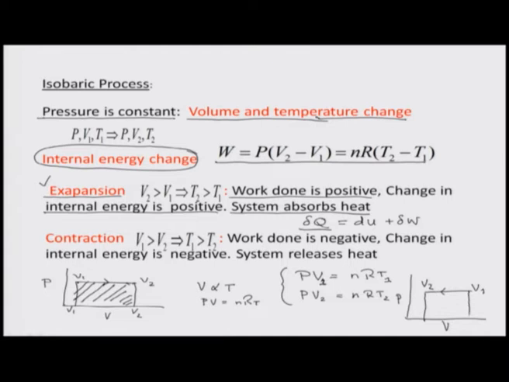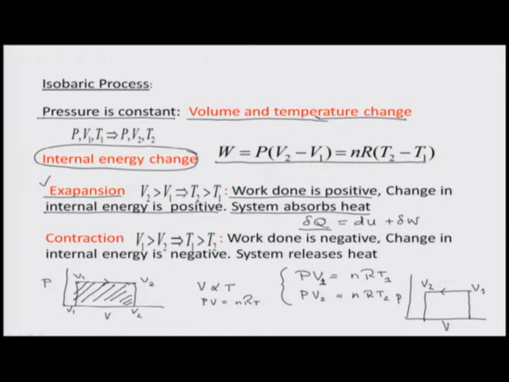So, you see work done, since V1 is greater than V2, work done is negative, change in internal energy is negative, and the system releases heat, because in this first law dU is negative, delta W is negative. So, delta Q is also negative.